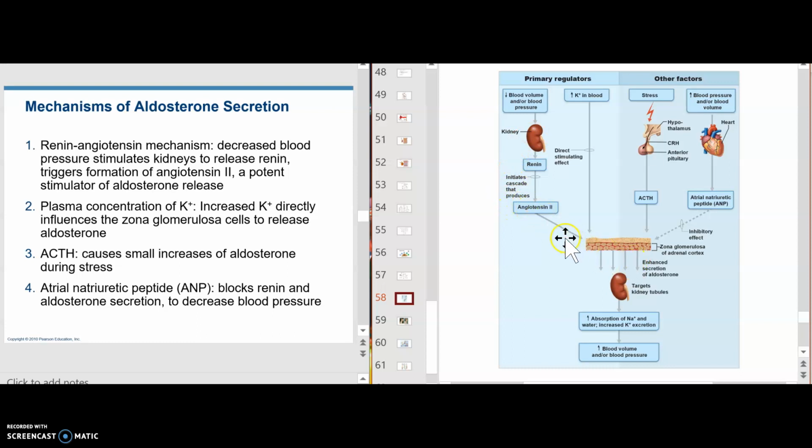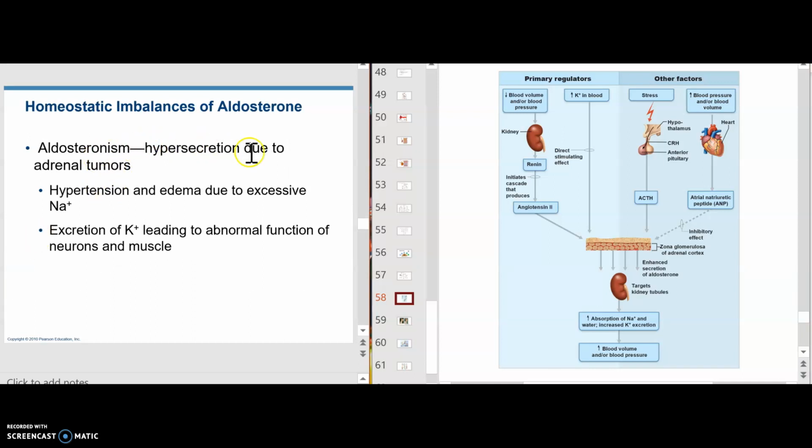Angiotensin II, then, you would retain sodium, which would retain water. The other thing is an increase in potassium would do it, because if it's too much of an increase, which we call hyperkalemia, then that would cause this to be secreted and excrete. Stress can do it in the hypothalamus, can cause various things. Stress could induce ACTH. Here's blood pressure again with ANP. Okay, let's go a little further here.